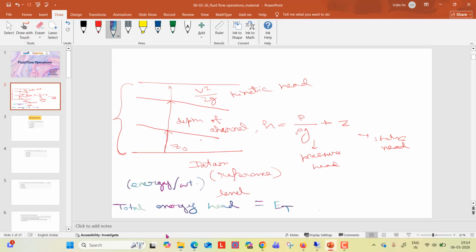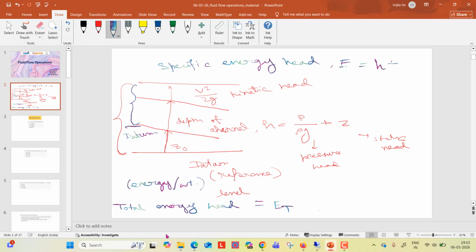And if we are not considering the datum level part, that means now we have shifted our datum to this level, and only this portion we are calculating. This is the specific energy head E, which they are talking about.